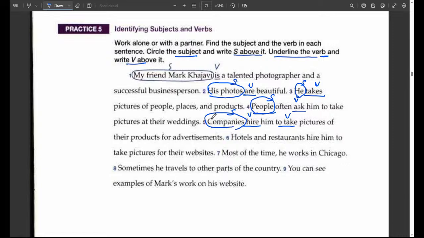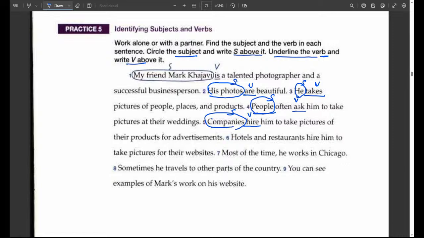It is an infinitive form of the verb, and it is showing the object. The object means the purpose of the verb hire, and it is not the main verb here. So the main verb is hire, and to take is not the main verb. They hire him. All right.